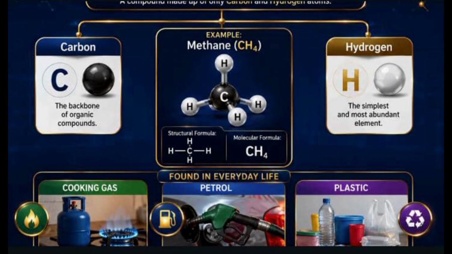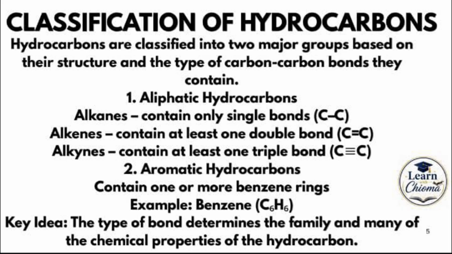Now that we understand what hydrocarbons are, let's see how chemists classify them. Hydrocarbons are grouped according to the type of bond that exists between their carbon atoms. The first major class is called aliphatic hydrocarbons. This group includes alkanes, alkenes, and alkynes. Alkanes contain only single carbon-carbon bonds, making them saturated hydrocarbons. Alkenes contain at least one double bond, while alkynes contain at least one triple bond.